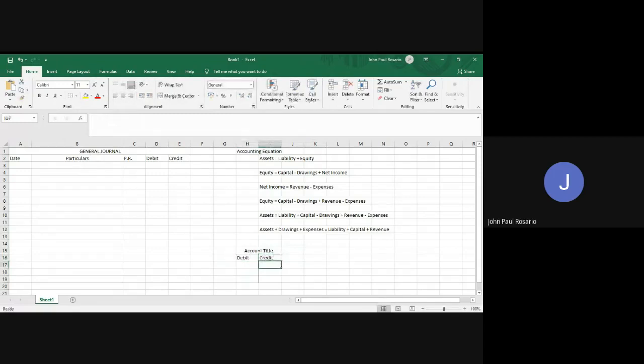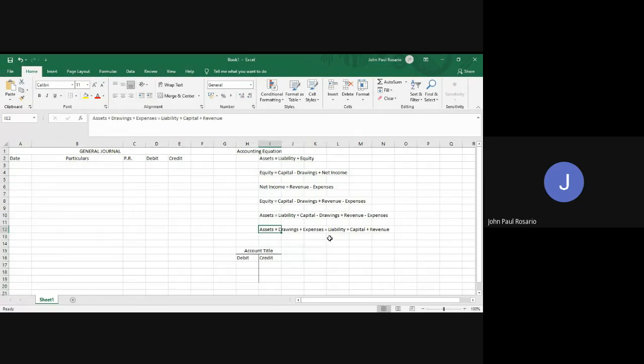Okay? So looking at this equation, assets plus drawings plus expenses equals liability plus capital plus revenue, we can see it as a bigger T account.